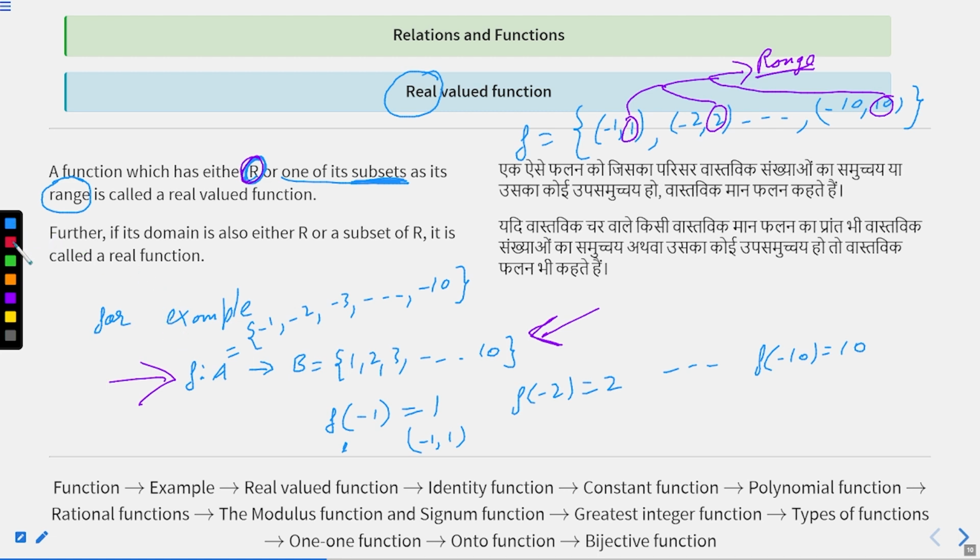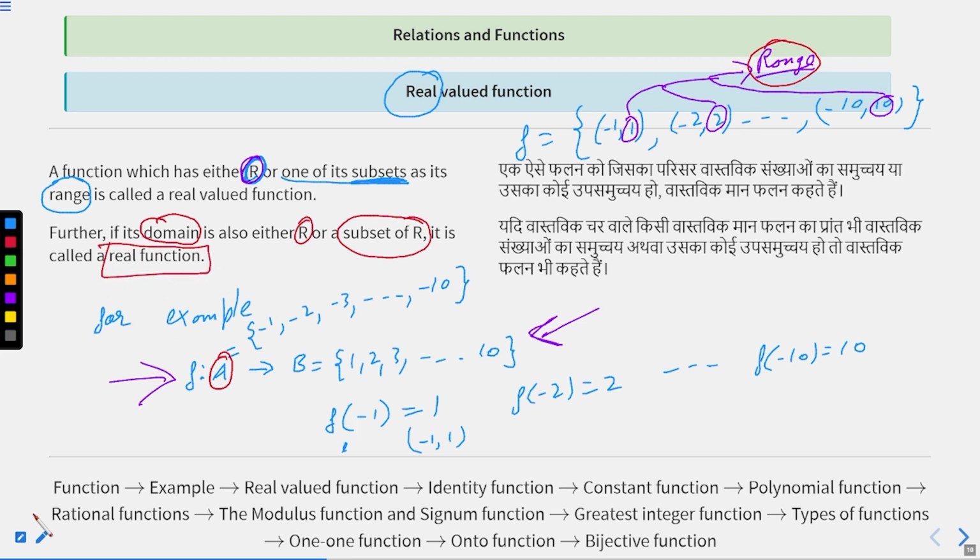Now further, if its domain is also either R or a subset of R, that is, if both the domain set and the range set are reals or subsets of reals, then it is a real function.